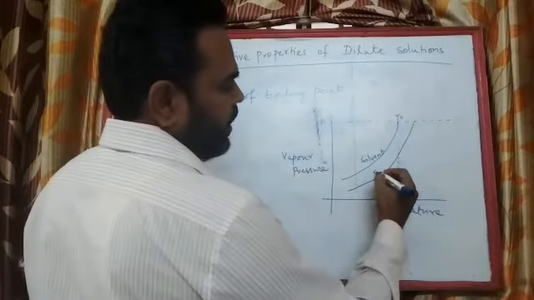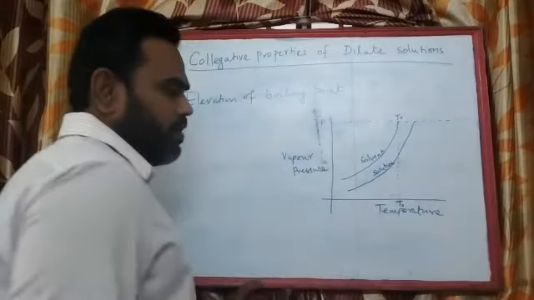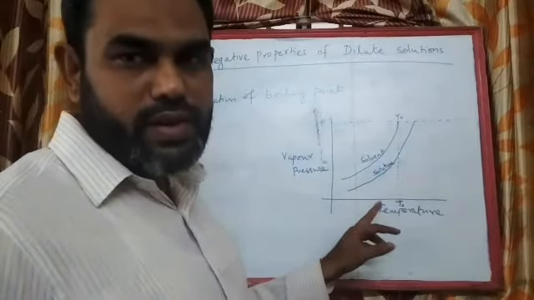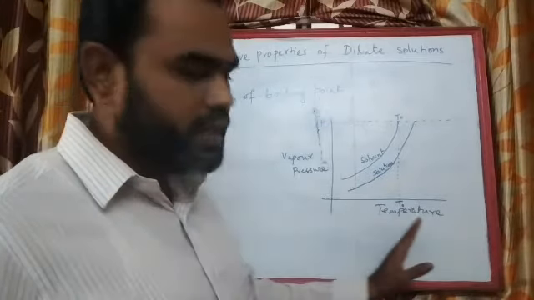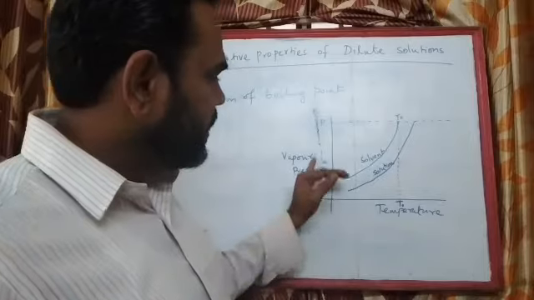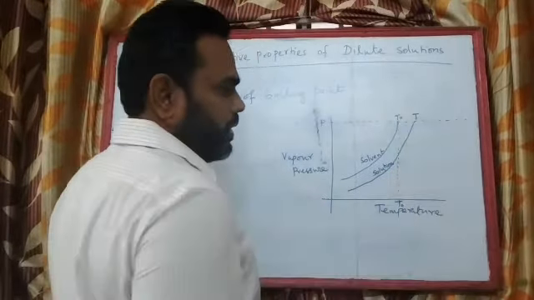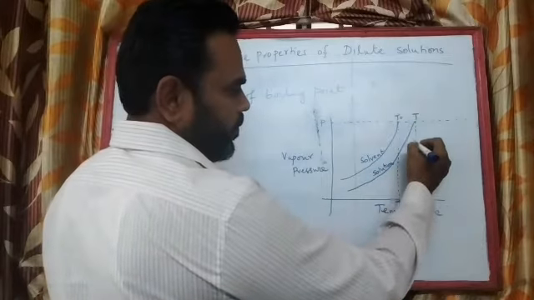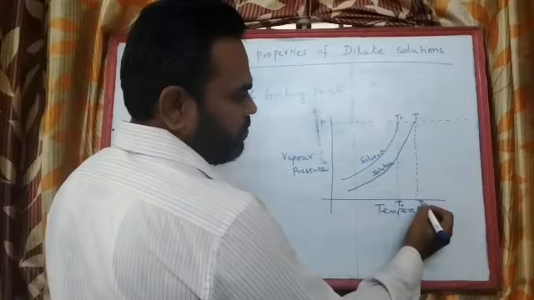This is the boiling point curve of a solution in which a non-volatile solute is dissolved in a solvent to make this solution. Upon increasing the temperature, vapor pressure increases, and at a particular point T, the solution boils.